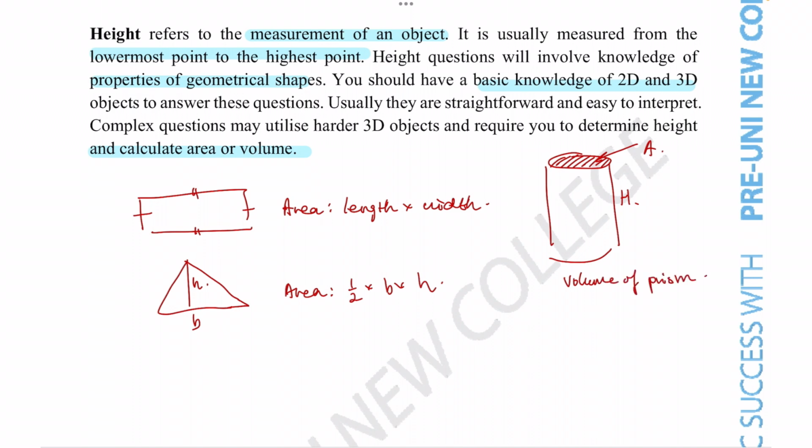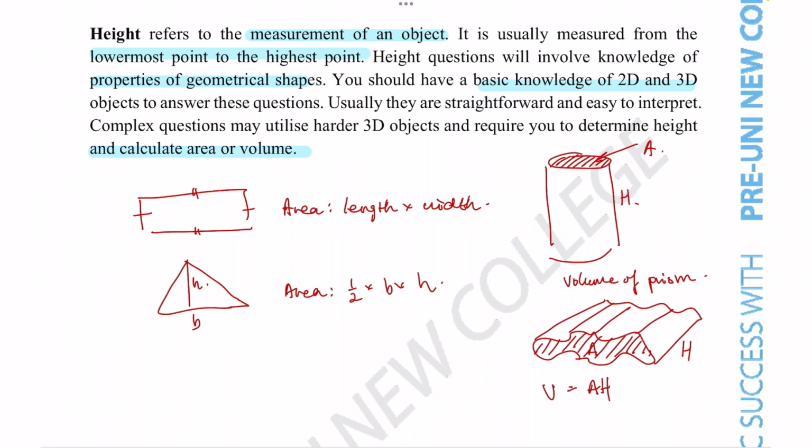And that's going to be particularly important if we ever have more complicated base shapes. For example, something like this, and it says figure out the volume of this prism, and you go, oh my gosh, how do we figure that out? But if they give you the area of the base shape, even if it's such a complex shape as this one, all you need to do is multiply the area by the height to get the volume.